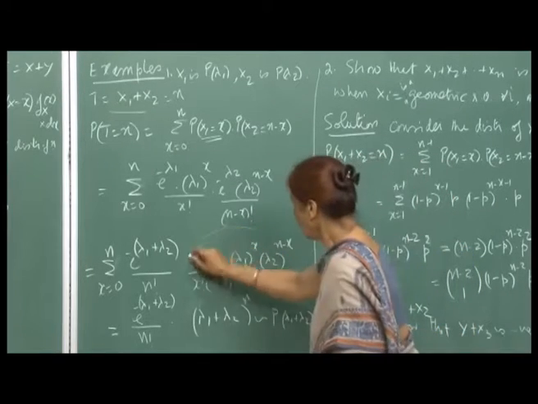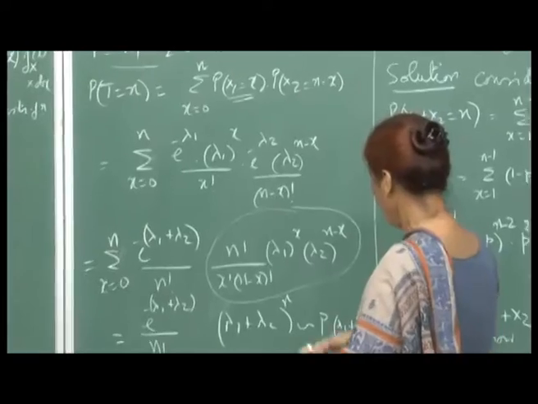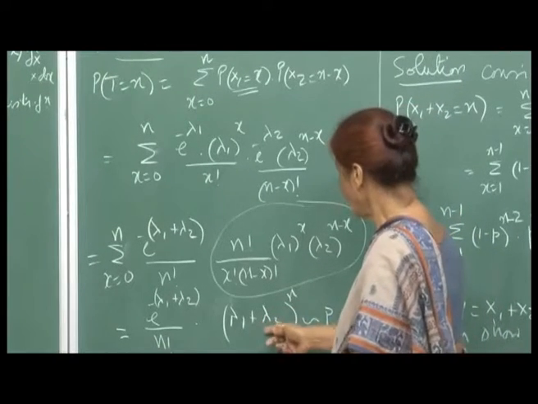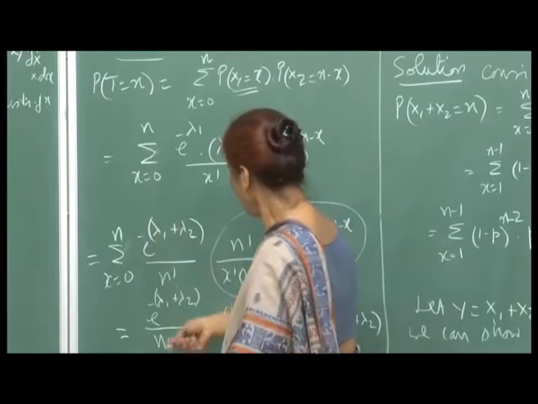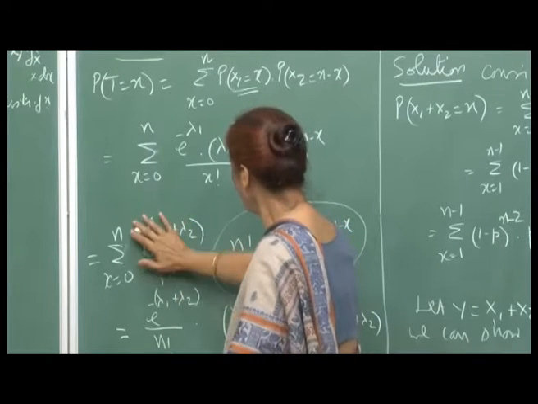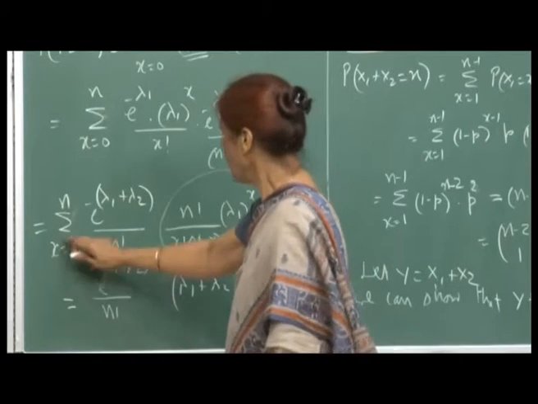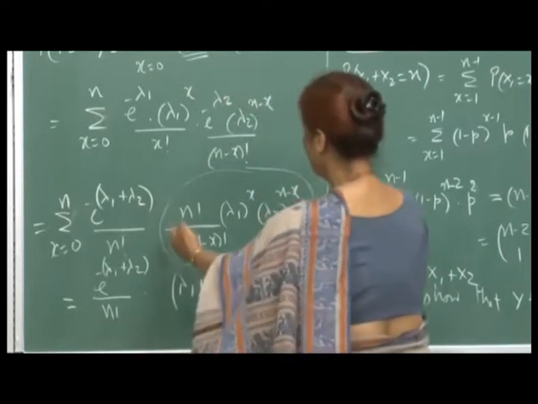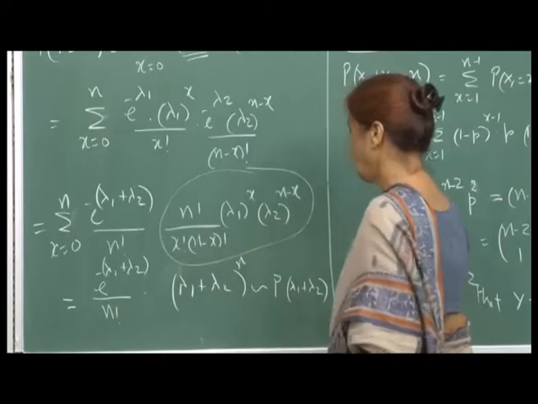You can see that this is the binomial expansion of lambda 1 plus lambda 2 raised to n, because you are summing. This part, e raised to minus lambda 1 plus lambda 2 divided by n factorial, is independent of x, so I take it outside, and then the summation over x from 0 to n of the rest will be lambda 1 plus lambda 2 raised to n.